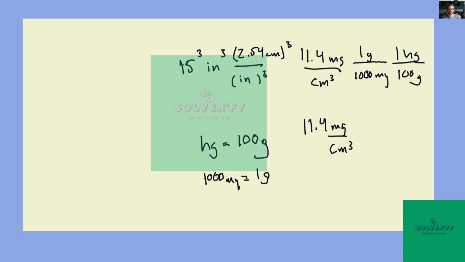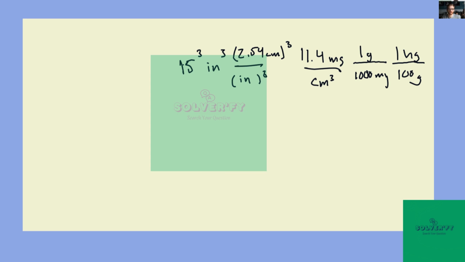And now, if we were to cancel all of our terms, we'd get rid of inches cubed. We'd get rid of centimeters cubed. We'd get rid of milligrams, get rid of grams, and we'd be left with hectograms, which is what we want for our final answer. Right? So all we have left to do is calculate that answer.